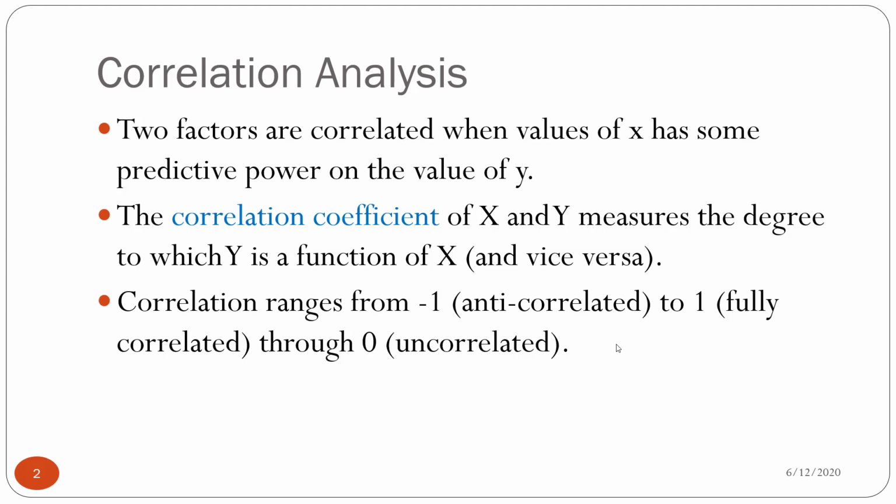When the correlation coefficient between X and Y is -1, we call that anti-correlated: X and Y are anti-correlated. If we have the maximum possible value, which is 1, then we say that they are fully correlated.